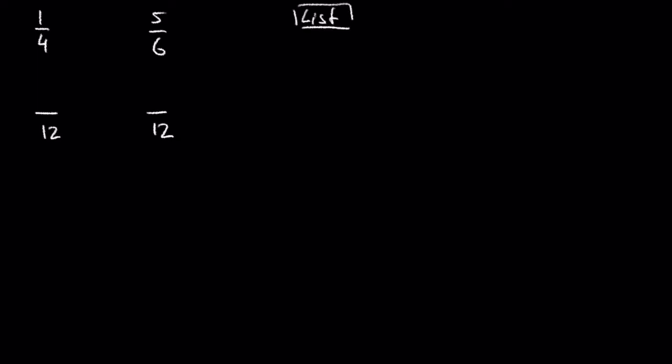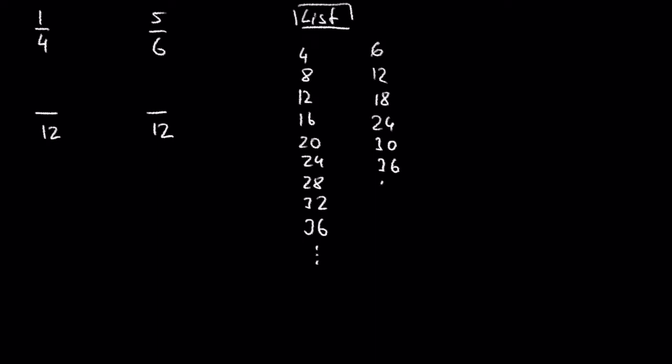The multiples of 4 are 4, 8, 12, 16, 20, 24, 28, 32, 36, and so on. The multiples of 6 are 6, 12, 18, 24, 30, 36, 42, 48, 54, and so on.